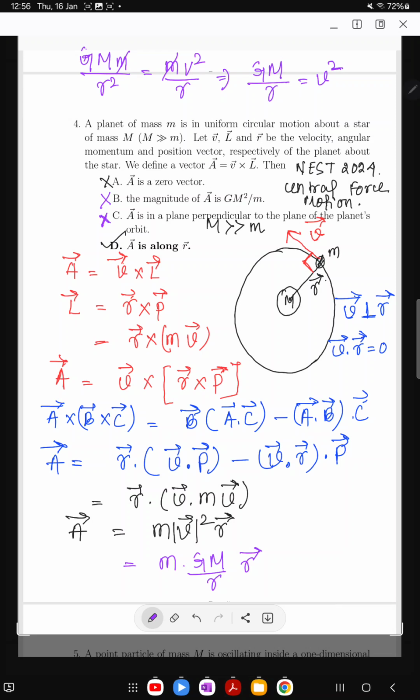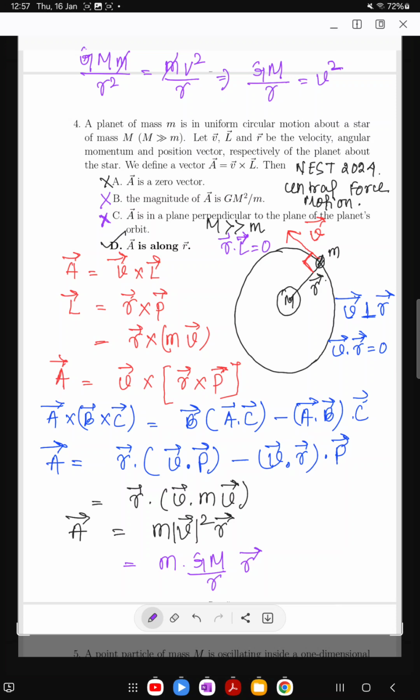Only the angular momentum is perpendicular to this plane, that is r dot L equal to 0. You can check that r dot L will be 0. So A is along the direction of the plane in which the planet is rotating. So the only correct option is D.